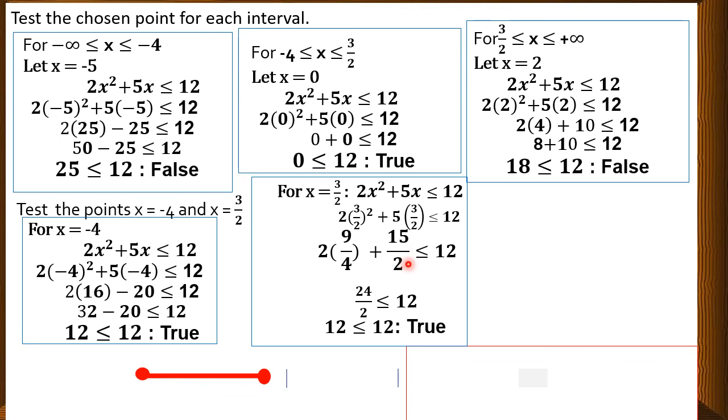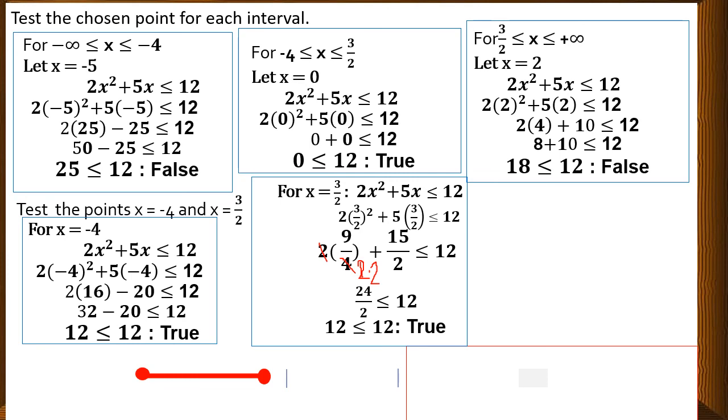Bring down 2. Less than or equal to 12. Now multiply. 2 times 9 over 4. We can factor out 4 as 2 times 2. So we can divide the common factors, which is 2. So that's why we have here 9 over 2.